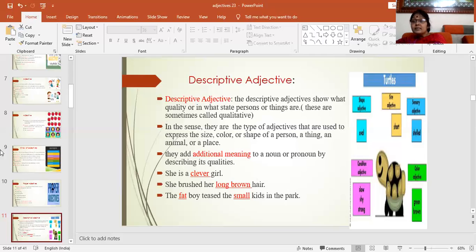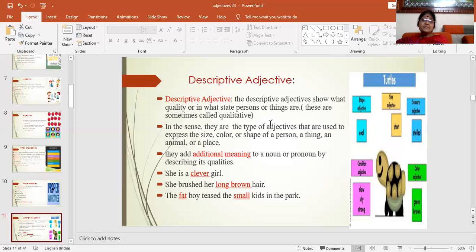Just this turtle, if we take it, we'll say it is oval in shape. It is slow, it is shy, it is strong, it is green and brown in color, it is shelled, it is short. So how can we describe one thing? All these words that we are using are called descriptive adjectives, right?